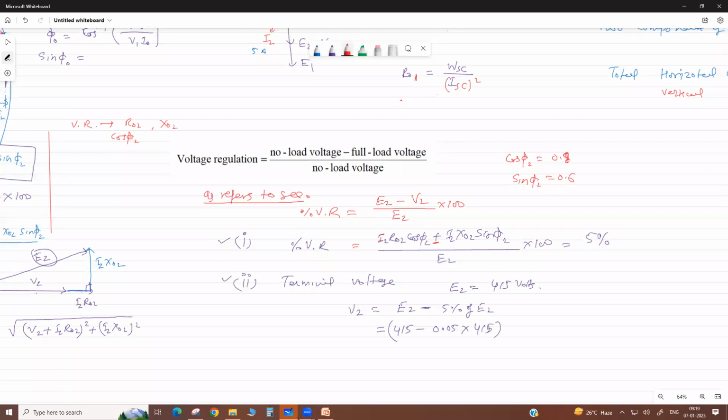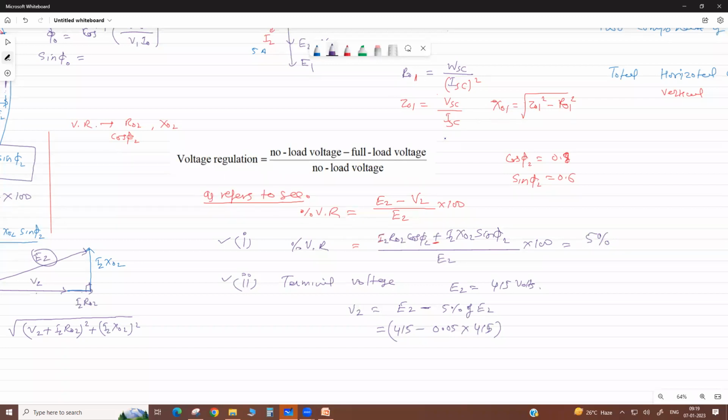Then we calculate Z01 also, that is the voltage applied divided by current, V by I. Then you calculate X01 as the square root of Z01 squared minus R01 squared. Now these parameters are on the primary side.